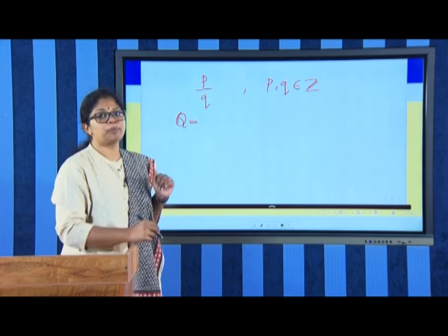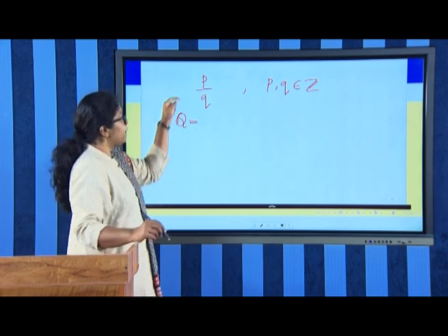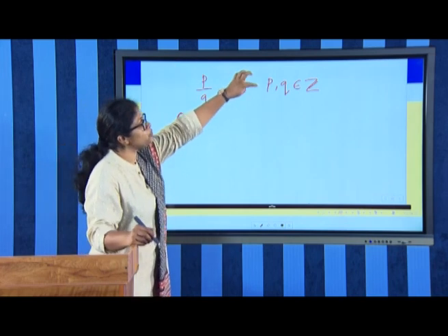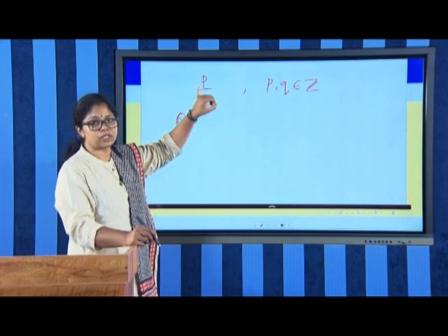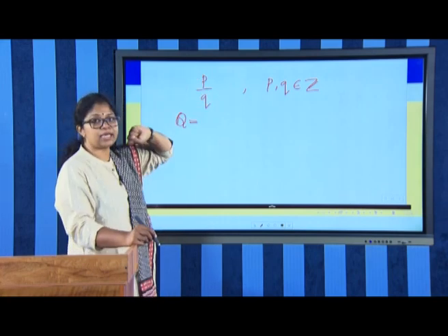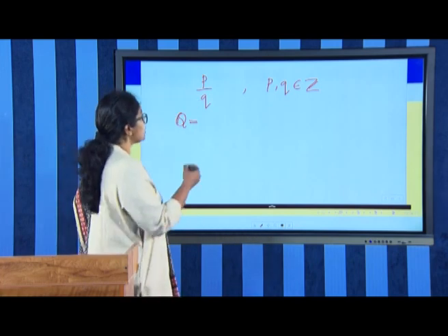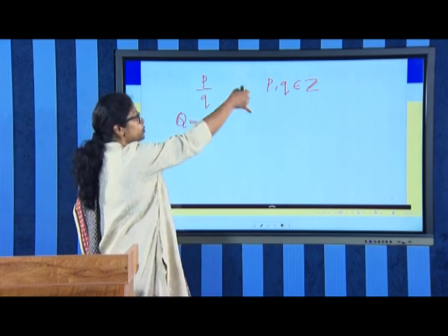Before going to the proof, let us look at the definition of Q once more. It is a number of the form p by q, where p and q are integers, meaning both p and q can be positive, or both can be negative, or p can be positive and q can be negative. So there are three options. If both are positive, p by q is positive.